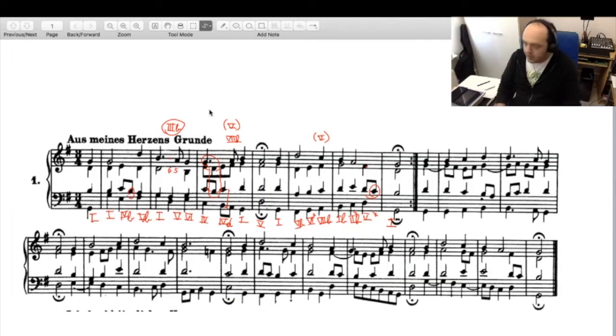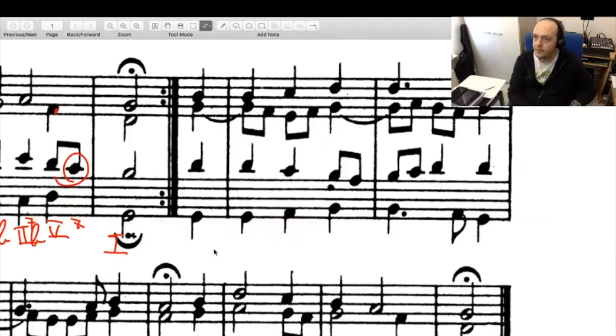Okay, let's see if I can read the next phrase, cadence. My sight reading is what it is. Nice ligatures in the alto right there.